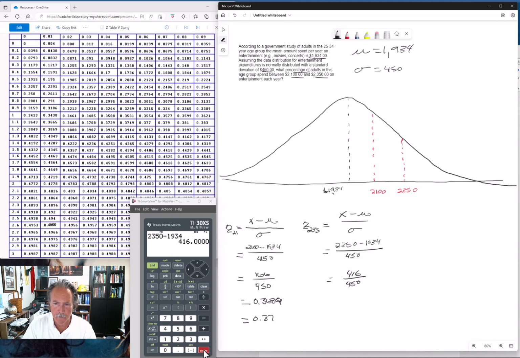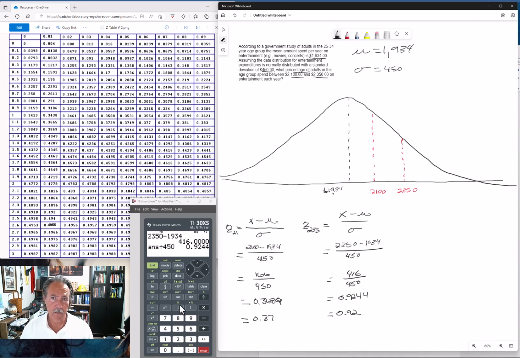Divided by 450. 416 divided by 450, 0.9244. And we'll round that to 2 decimal places.